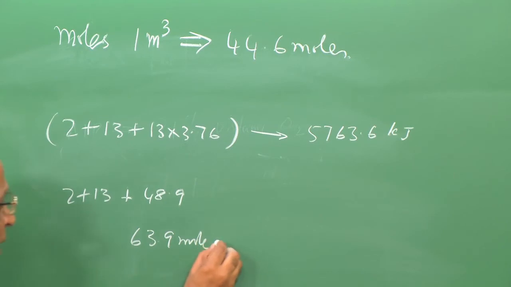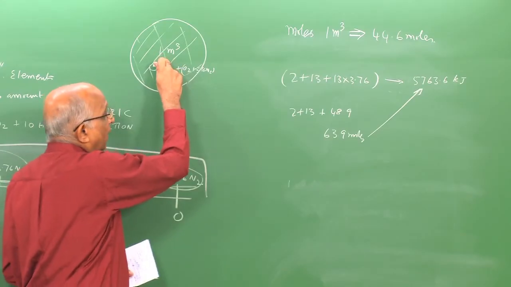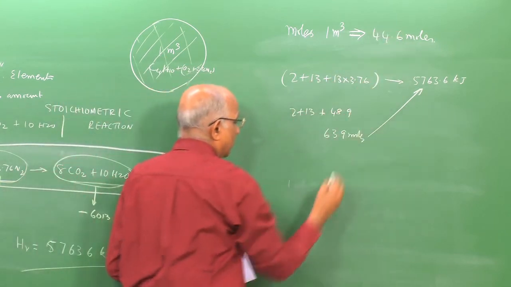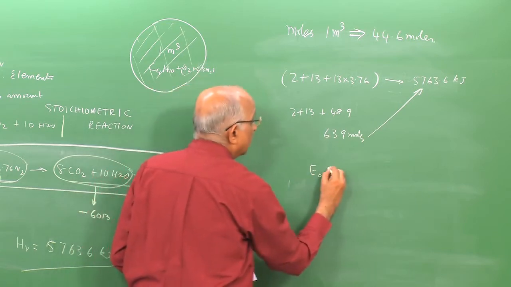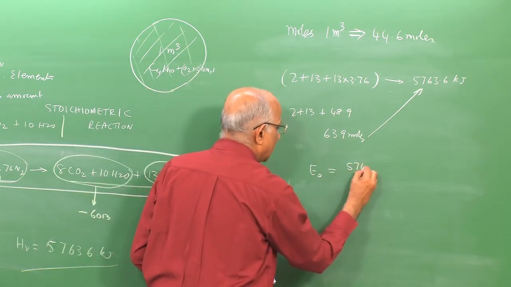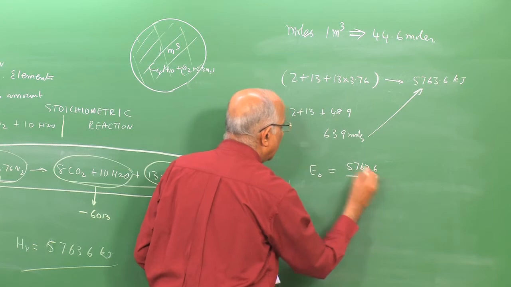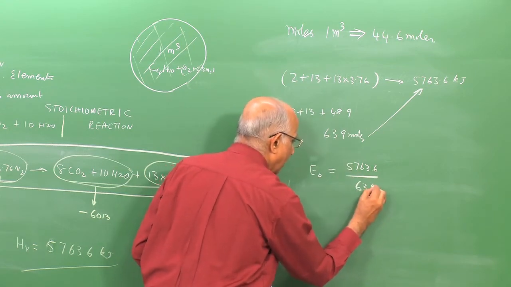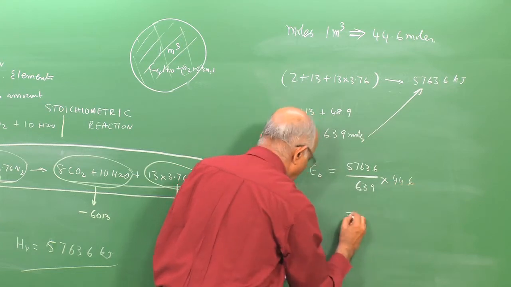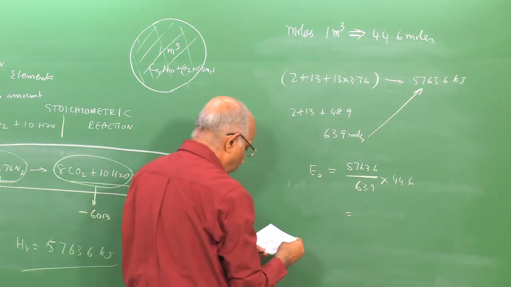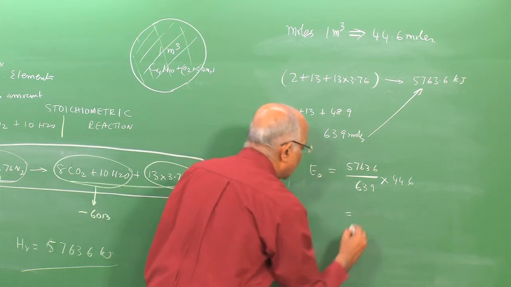Therefore, 63.9 moles gives me this. In the volume I have only 44.6 moles, therefore the energy liberated from 1 meter cube is equal to 5763.6 divided by 63.9 into 44.6, which comes to 4026 kilojoules.